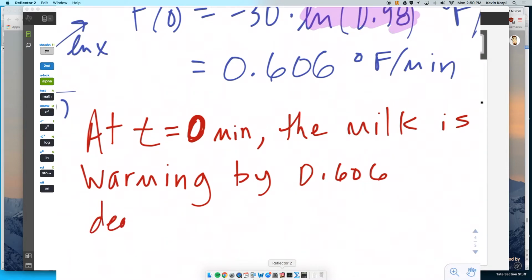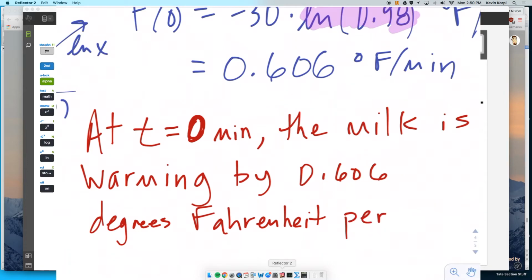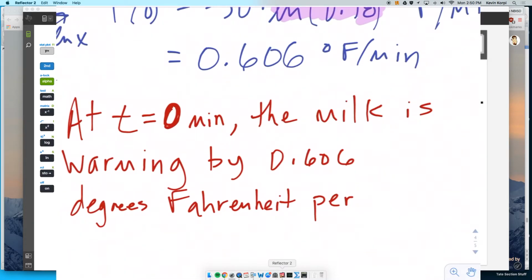It's fun. Degrees Fahrenheit is such a cool name. It has that hidden H in the third letter. Degrees Fahrenheit per, that's P-E-R, not like the cat purr. Per minute.